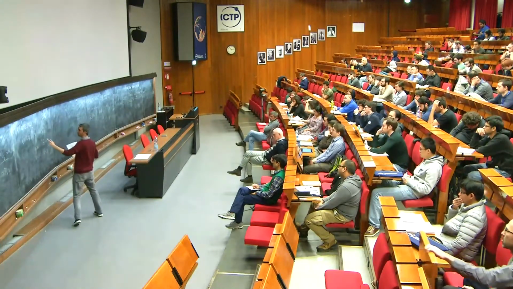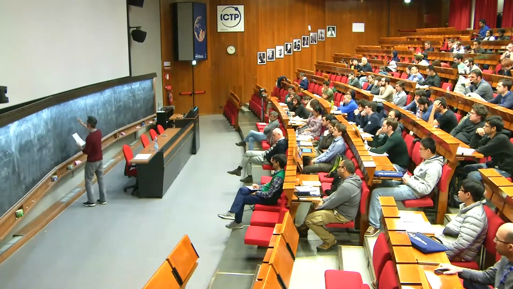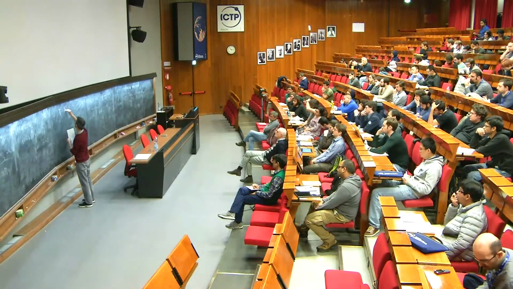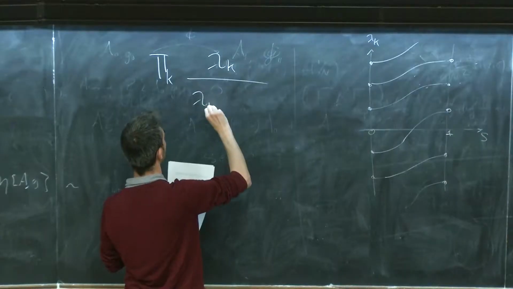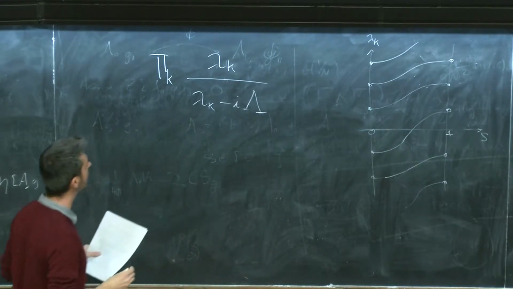And so when you compute the partition function, instead of getting the determinant in the numerator, you get it in the denominator. And so you get something like a product of the eigenvalues, where below you get eigenvalues, let's say, minus i lambda.